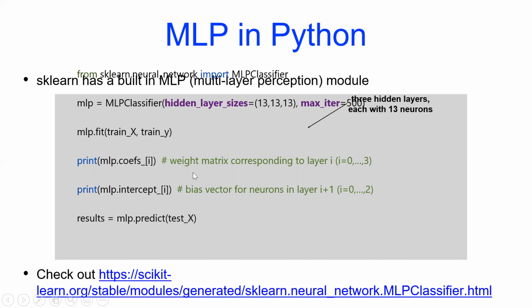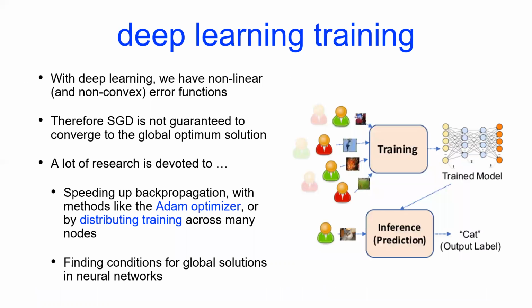Then you set the number of layers, how many neurons, and the number of gradient descent updates. I will talk more about this during the next lecture, where we will see a little more about the training part.